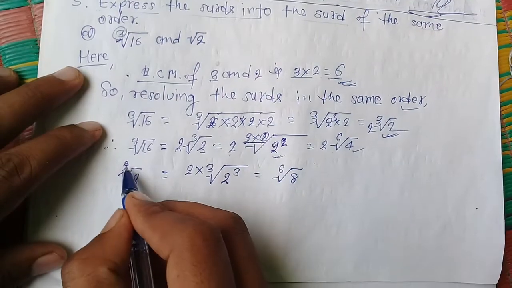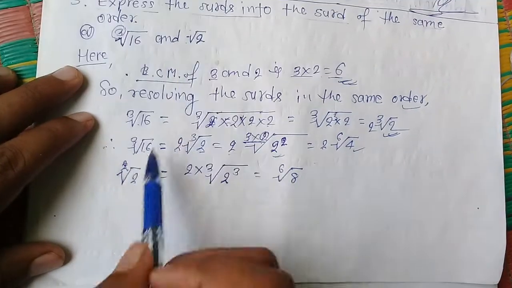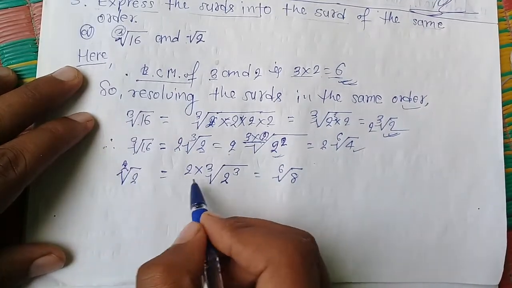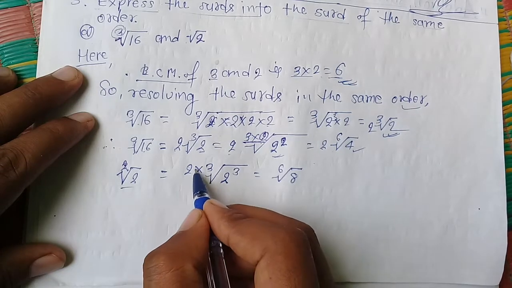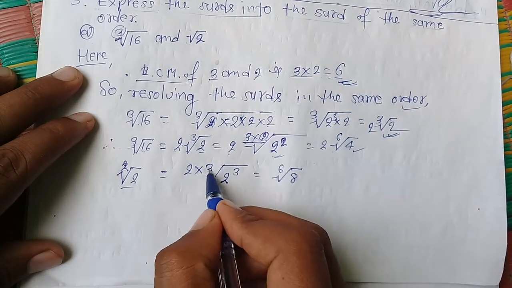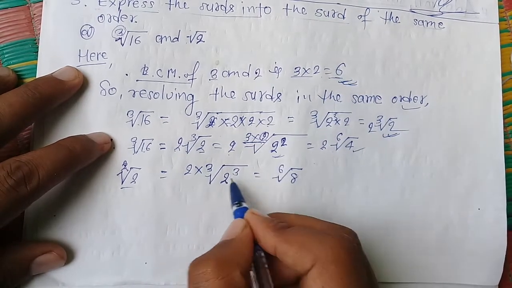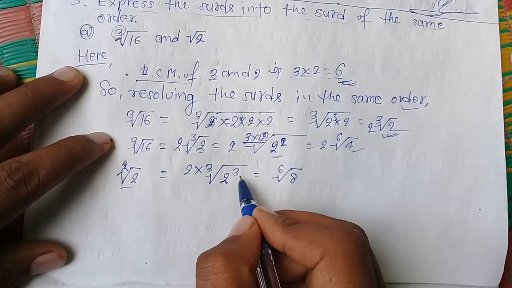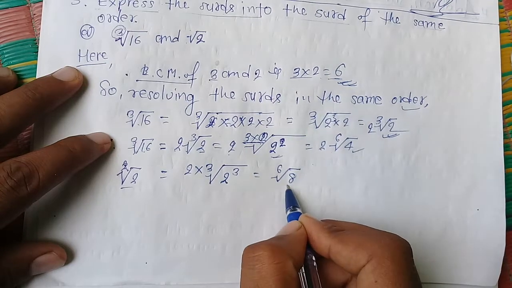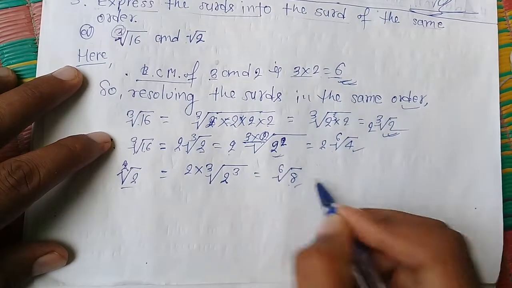Again, now for the other, the square root of 2. How do we make it order 6? Multiply by 3, so 2 to the power 3, which is 8.